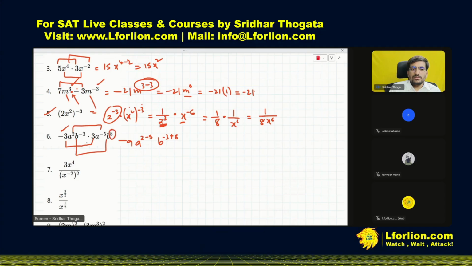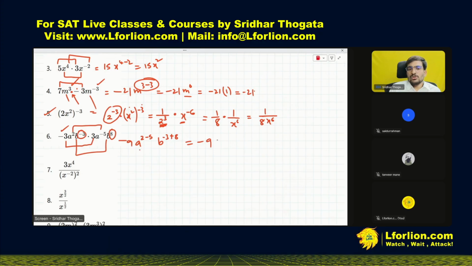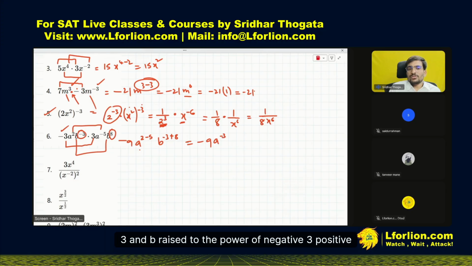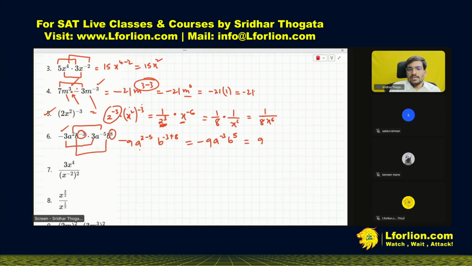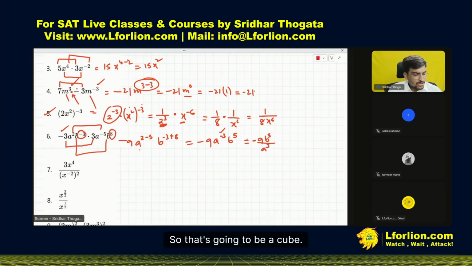So now negative 9, a raised to the power of 2 minus 5, which is equal to negative 3, and b raised to the power of negative 3 plus 8, that equals positive 5. So this is what we get. So finally we can write this as negative 9 b raised to the power of 5 divided by a cube, because here we have negative, so that's going to be a cube.